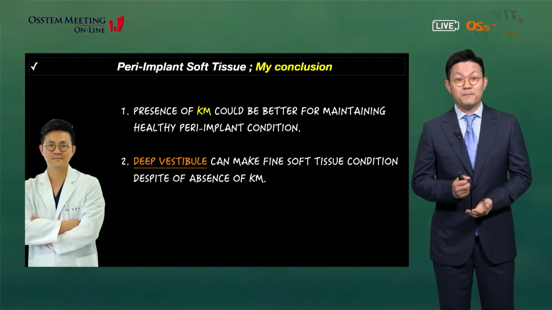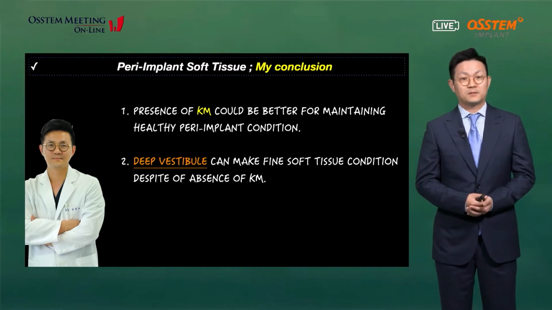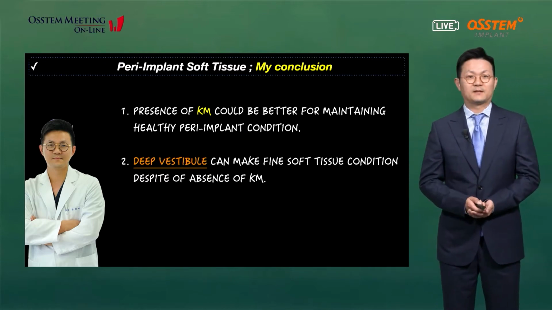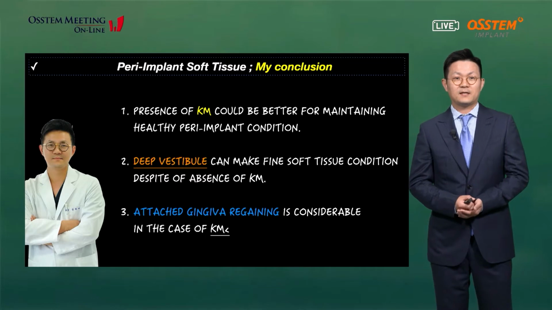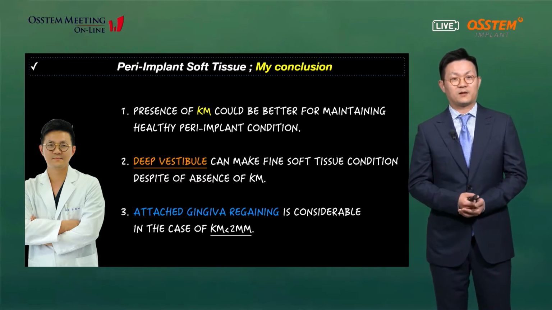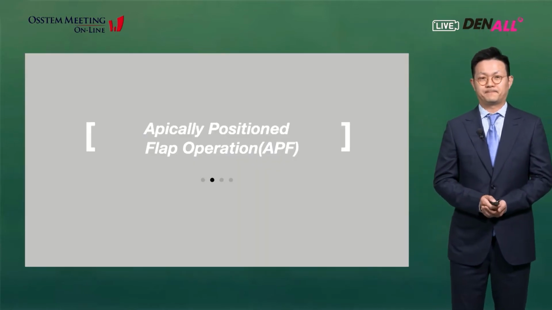And a deep vestibule can make a fine soft tissue condition despite the absence of attached mucosa. And the last thing is that attached gingival regaining is considerable in the case where attached mucosa is less than 2 mm.